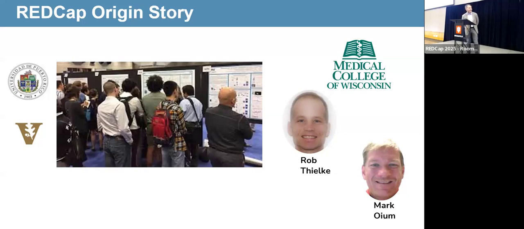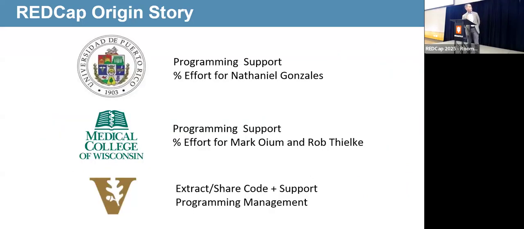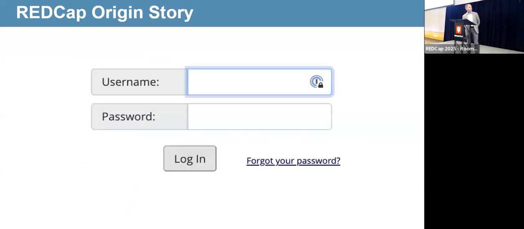But they also said, this is something that we could use at Medical College of Wisconsin. And so we said, well, we've got a model for this. So same deal. You guys do some programming support. We'll find something that is meaningful if we're going to continue this as a collaboration and a consortium even. And then we'll keep doing the project management and main core oversight development at Vanderbilt.